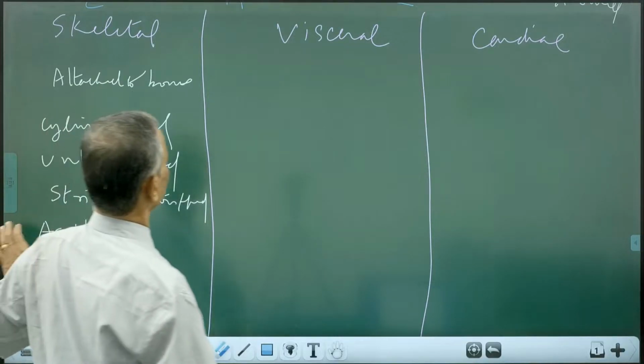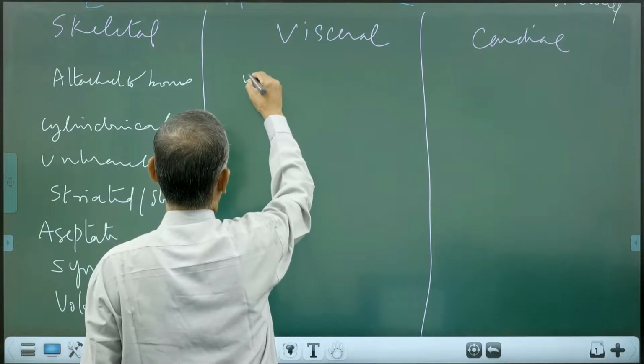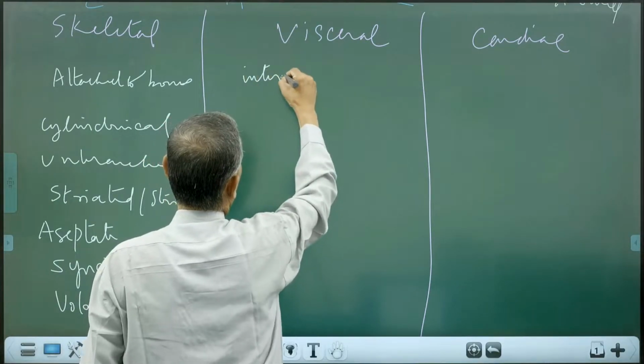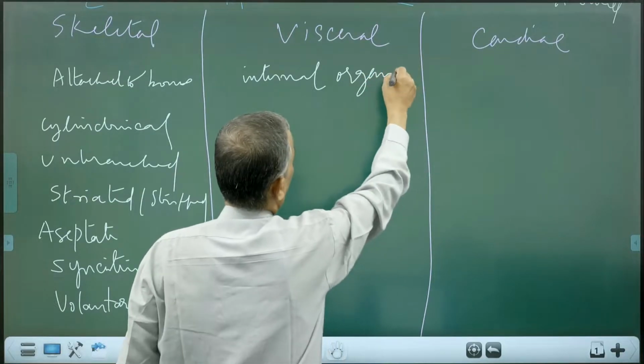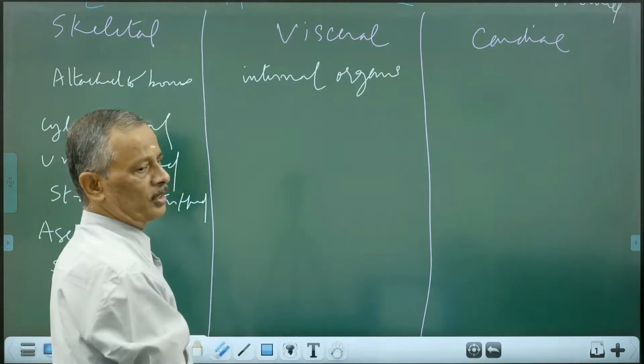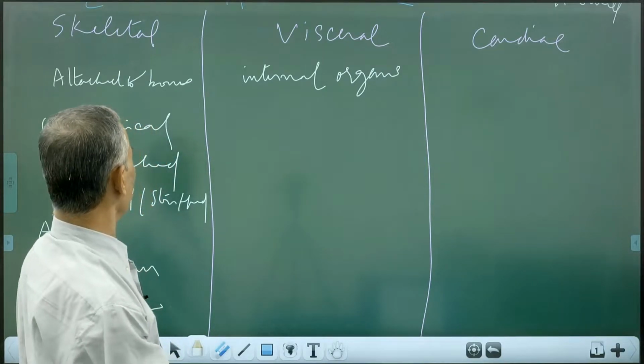Whereas the visceral muscles are attached to internal organs. They are all seen on the walls of the internal organs. That's why it is called visceral.